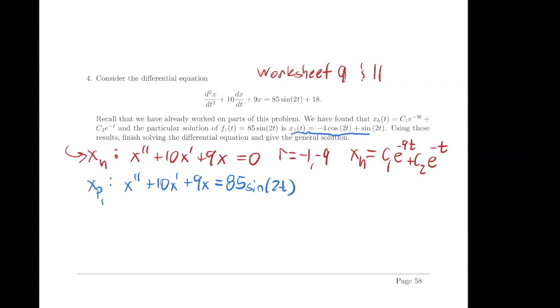And on worksheet 11, we went through this and actually solved for the undetermined coefficients in this particular guess. And that's what gave us, I'll call this particular solution number 1, which was -4 cosine 2t plus sine of 2t.